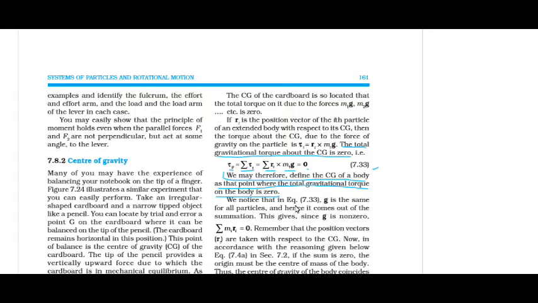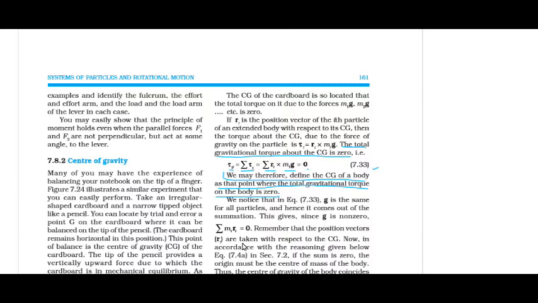We notice that in equation 7.33, g is the same for all the particles and hence it comes out of the summation. This gives, since g is non-zero, Σ mi ri = 0.